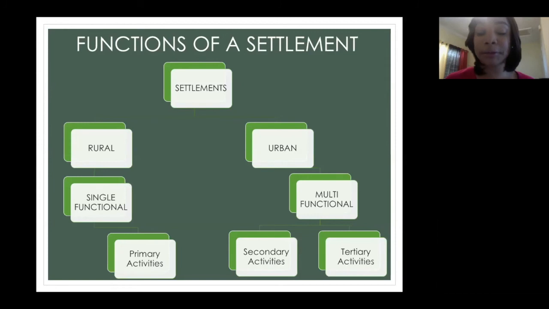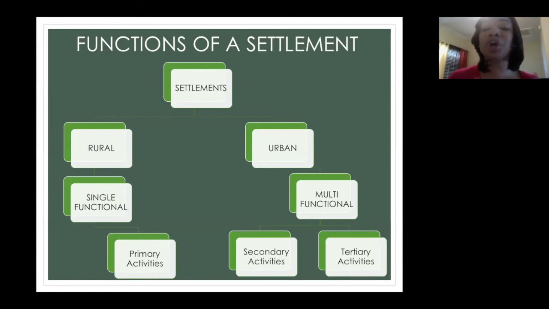You can find farming, you can find fishing, you can find mining, okay? Those are some of the different primary activities that you will find happening in your rural areas. Remember, your rural areas deal with raw materials, okay? They don't have the advancement to manufacture or process these raw materials.